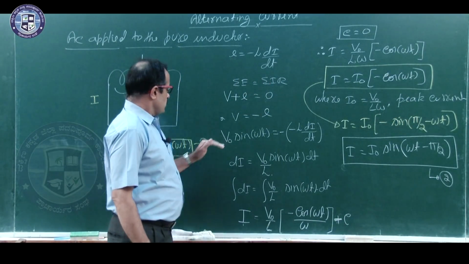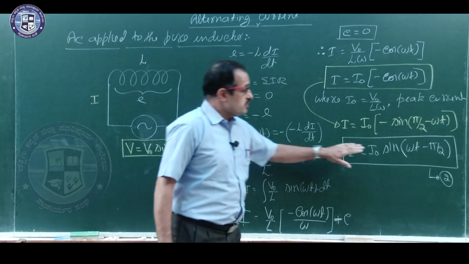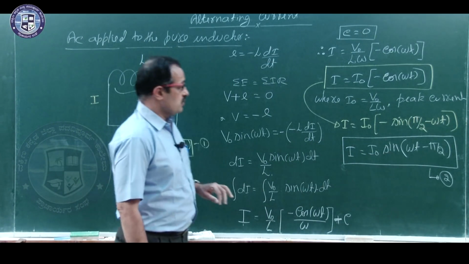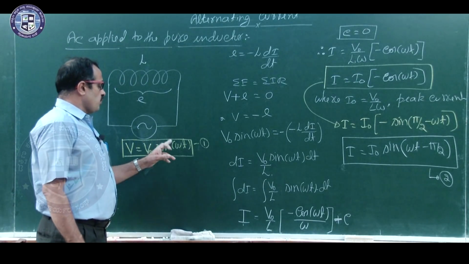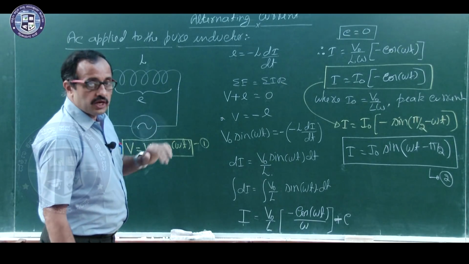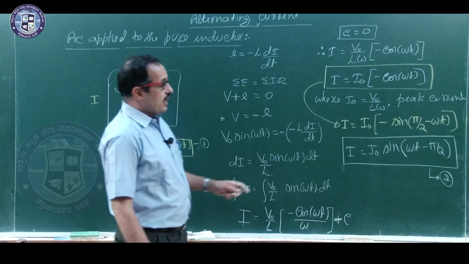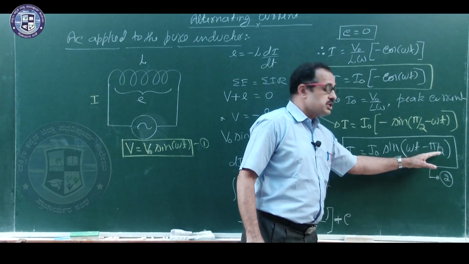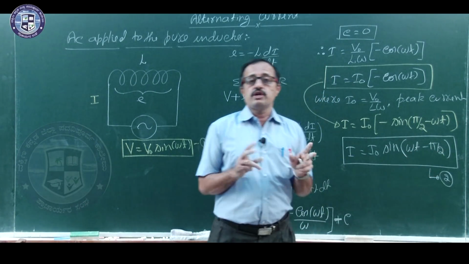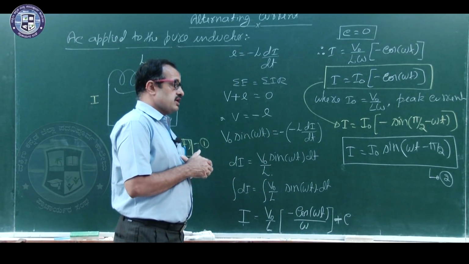Now, equation 1 represents voltage, equation 2 represents current. So, very clear, both of them are sinusoidal. This is also sine, that is also sine. But what is the main difference? Here it is omega t, and here it is omega t minus pi by 2, means they have got different phase angles.